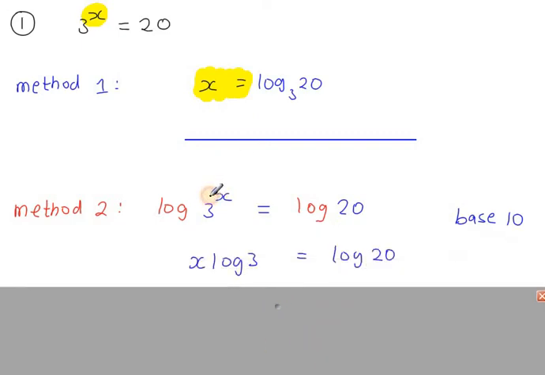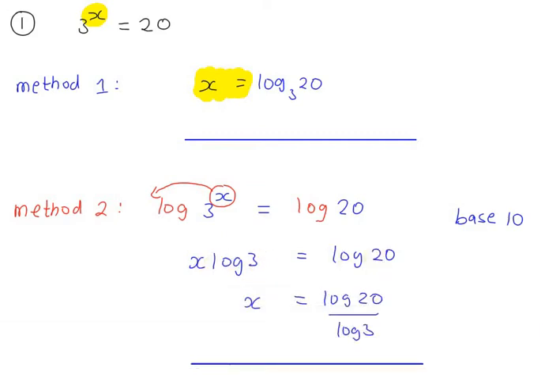And then if we bring the power to the front, so x log 3 equals log 20, and then x is multiplied with log 3, so we need to divide by log 3 on each side, and that's what x is equal to. And this solution and this solution, the values of x are exactly the same. You should verify that on your calculator.